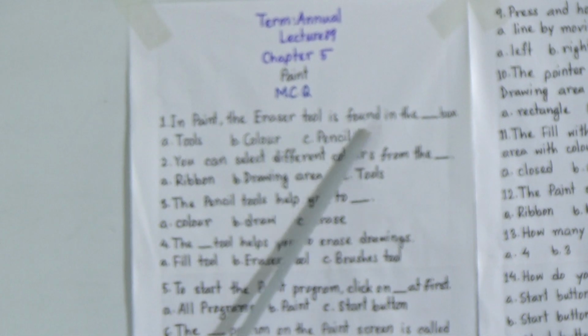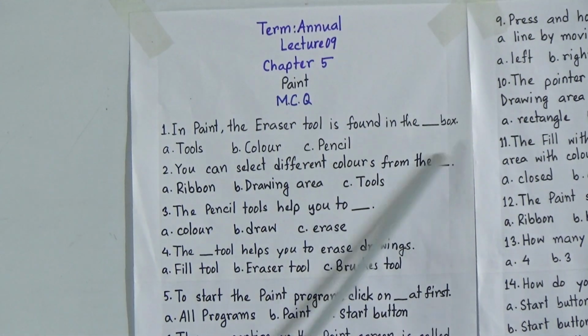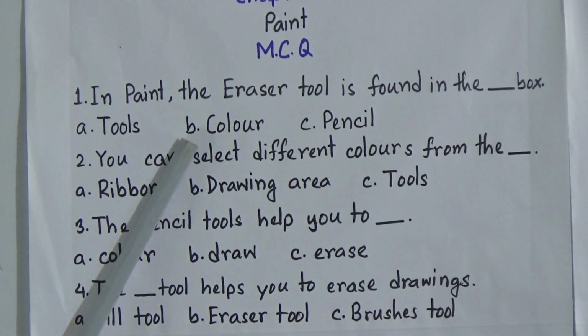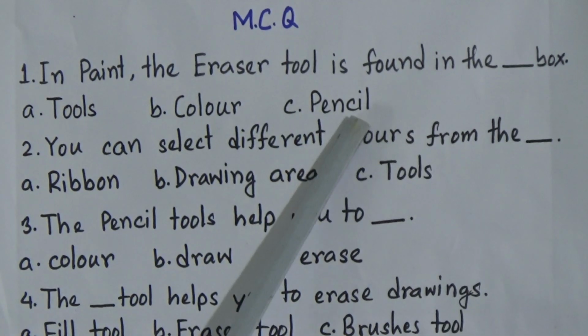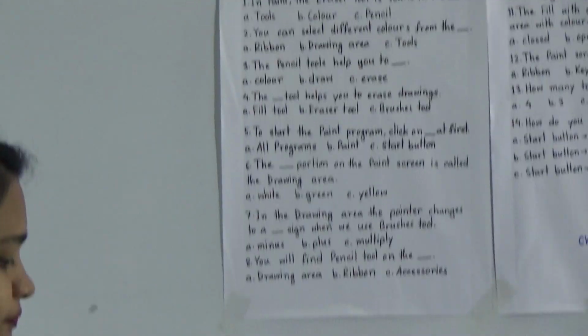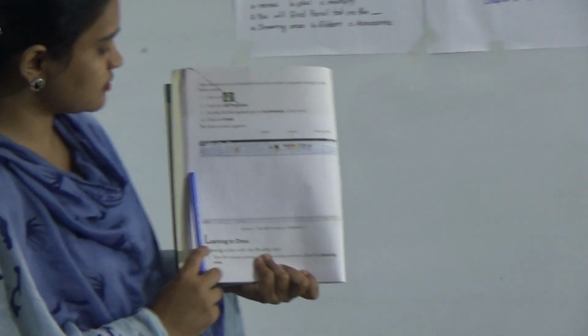Now look, number 1. In Paint the eraser tool is found in the dash box. Our options are A. Tools, B. Color, C. Pencil. My dear students, all of you go to your book, page number 33. Now look at this box.